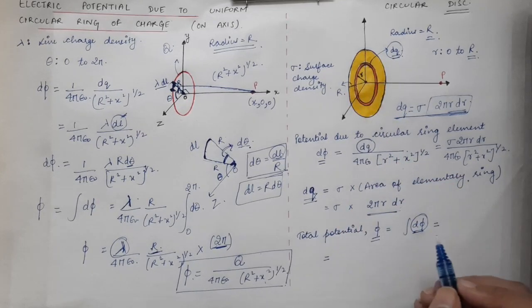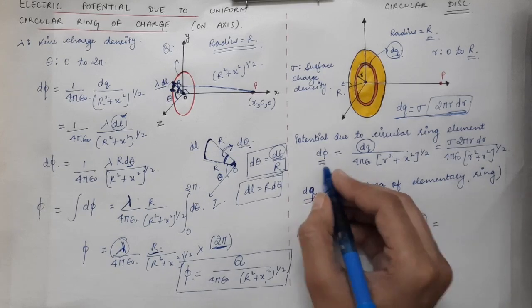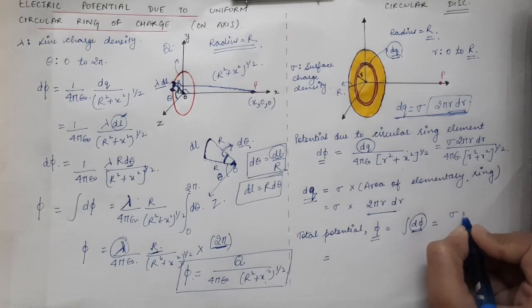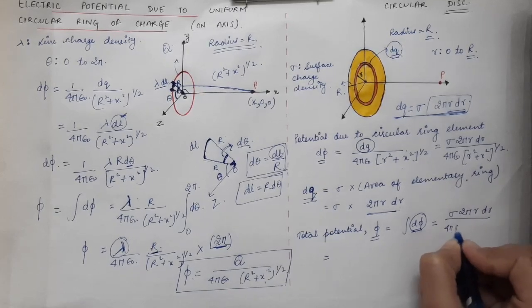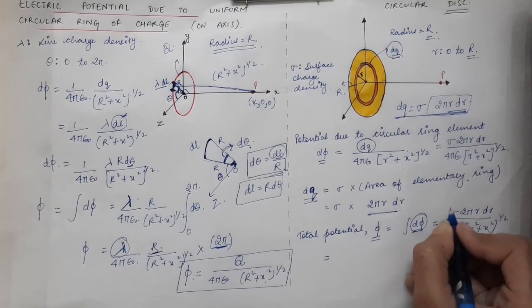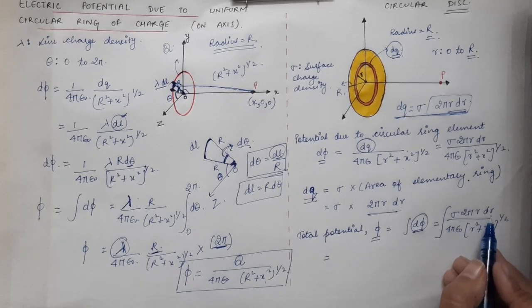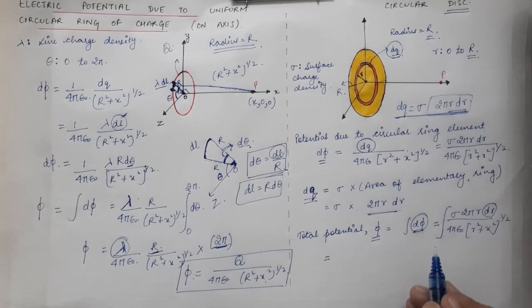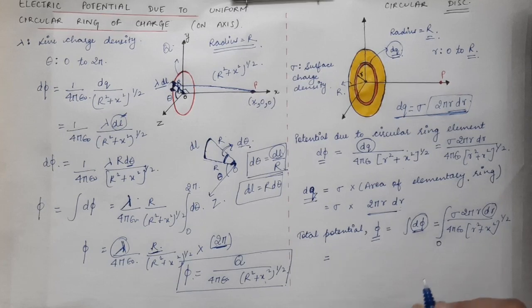We substitute the expression of d phi, that is sigma into 2 pi r into dr, divided by 4 pi epsilon naught into r square plus x square power 1 by 2, and integrate. Here r is the variable, here we have dr. So what will be the limits of r? The minimum value of r is 0 and the upper limit of r will be capital R.